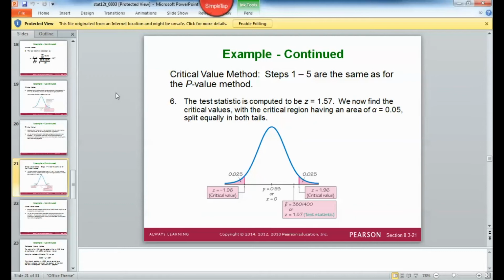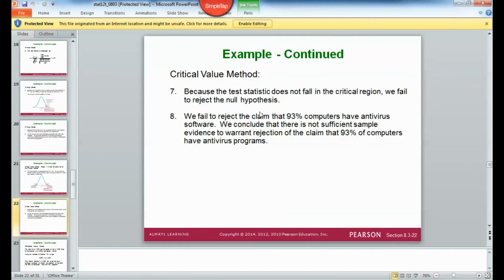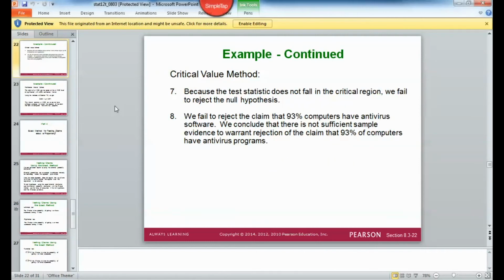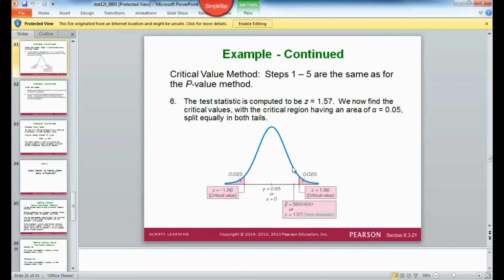Now that's the p-value method. That's the one that I prefer. You can do the critical value method. The first couple steps are all the same. You have the same test statistic, the same null hypothesis. And what happens with it is you have to figure out your critical value. If you know your critical z value, then you know where your test statistic is located.